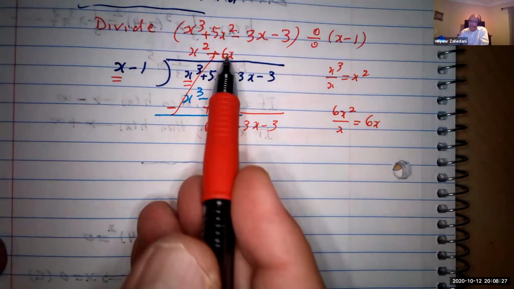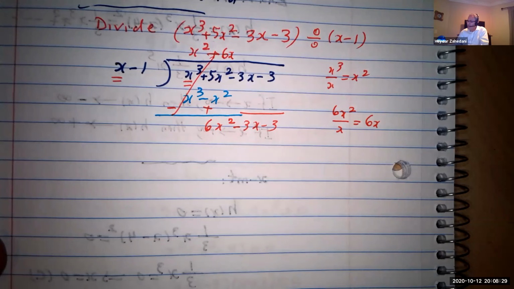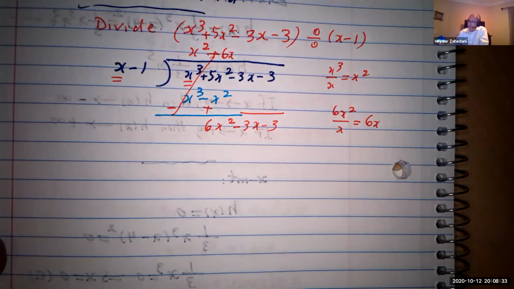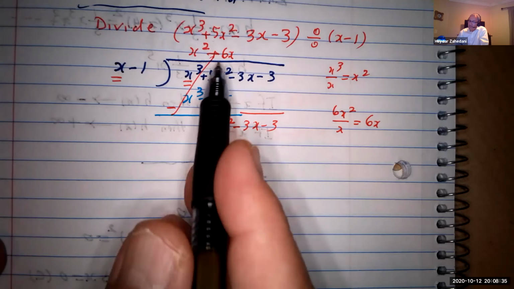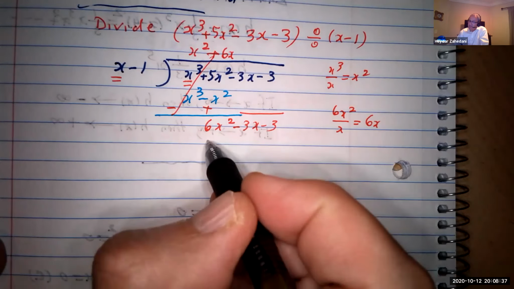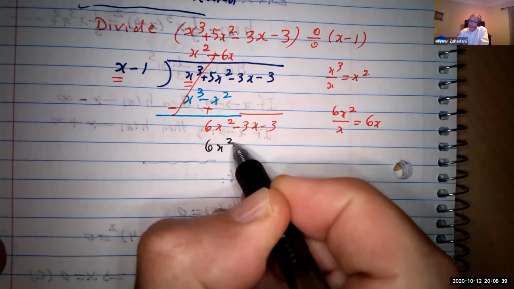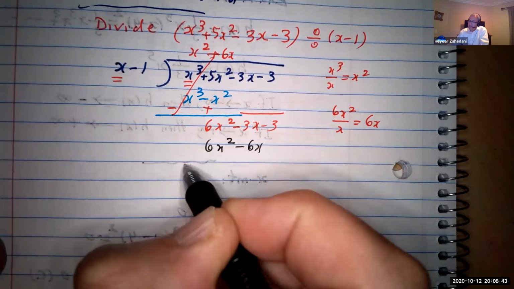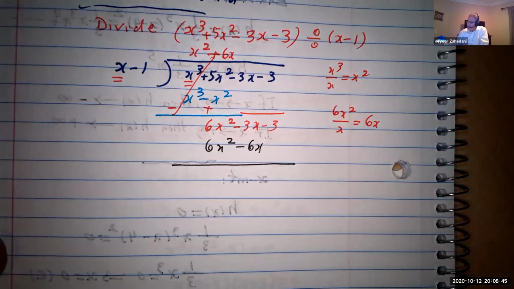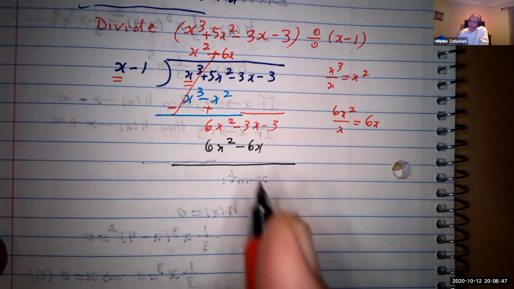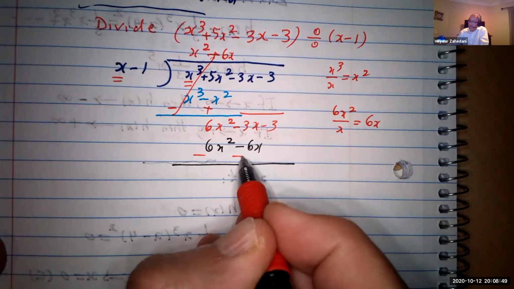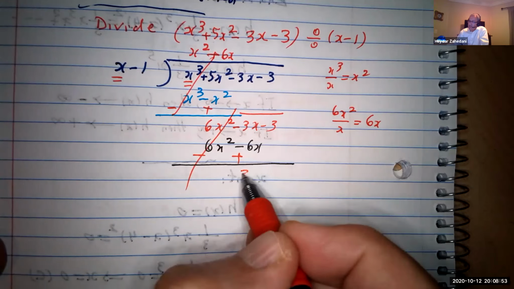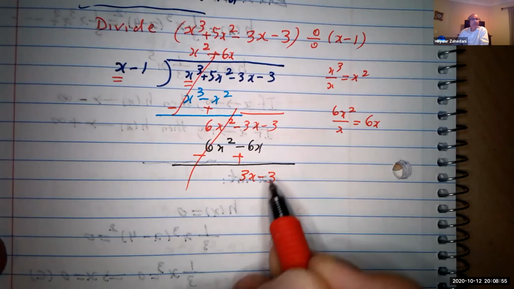So that's going to be 6x times x, which gives us 6x squared, and the 6x times the negative would be negative 6x. So we have to switch the signs, so it's going to be negative, positive. We add, these two would cancel out. So that gives you a 3x minus 3.